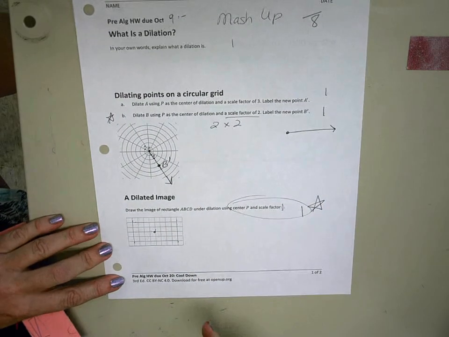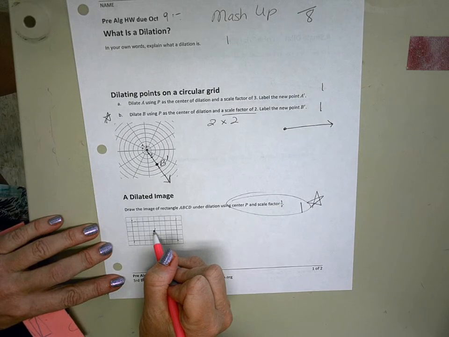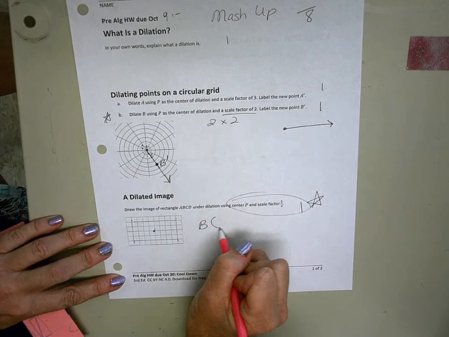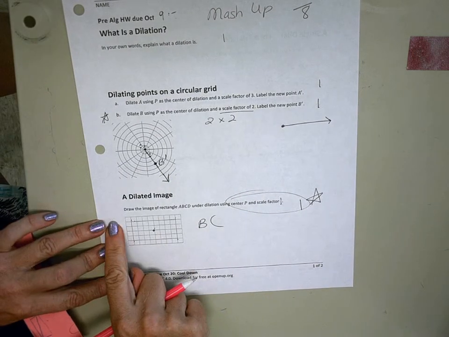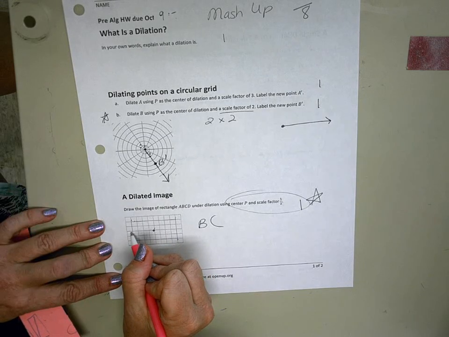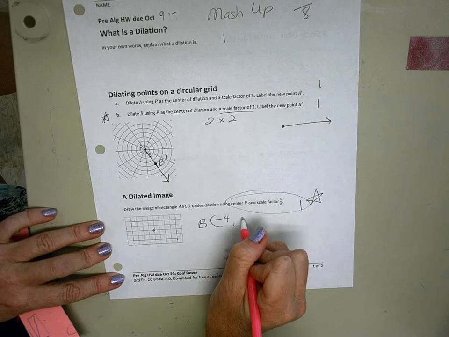So one strategy is we could count. We can think of this P as an origin and count our coordinates. So to get, say, from A to B, I'm going over 1, 2, 3, 4 to the left, so I could say that's -4, and I'm going up 2.